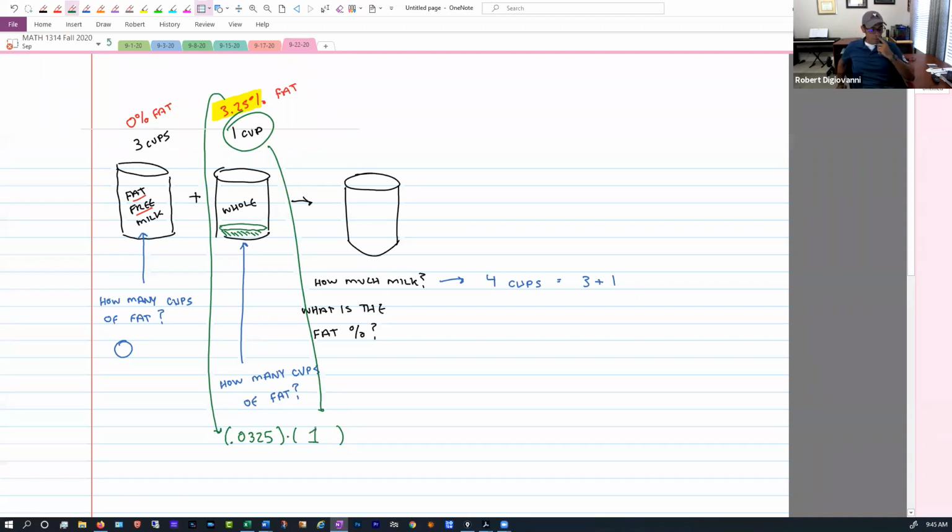So if we multiply that, what do we get? How much fat? We just multiply those two together. You have 0.0325 cups of fat.